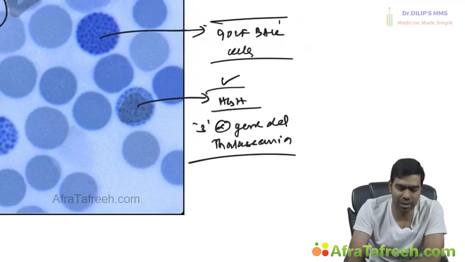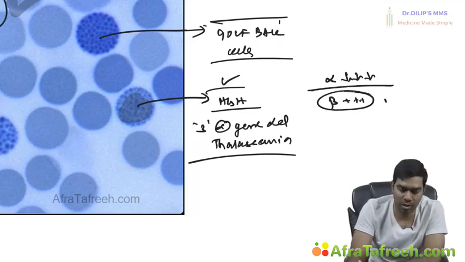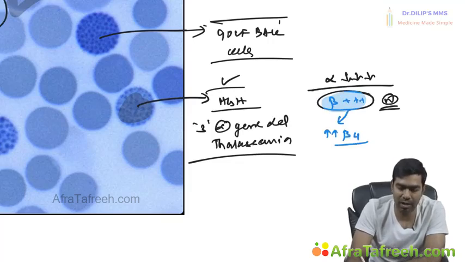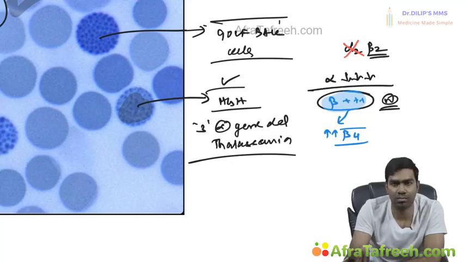If you ask me why HbH is there, this is a 3-gene deletion of alpha thalassemia, so you have a markedly declined alpha chain production, but the beta chain production will be normal. Which means there is a relative excess of beta chain compared to the alpha chain. This excess beta chain will precipitate and form tetramers, because adult hemoglobin should be made of 2 alpha and 2 beta, but here there is no alpha, which means only beta can precipitate.